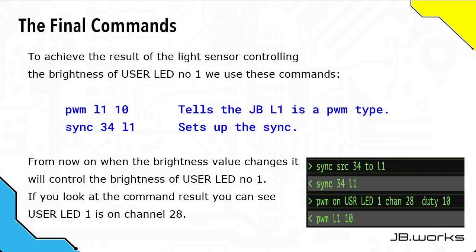And then the second command is sync 34 space L1. So remember from previously, channel 34 is actually the brightness from the light sensor. And so we're sending that value into user LED number 1. And so from now on, the brightness of light falling on the light sensor will control the brightness of user LED number 1.